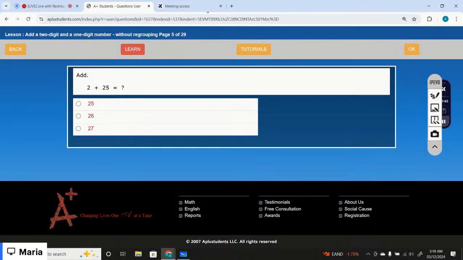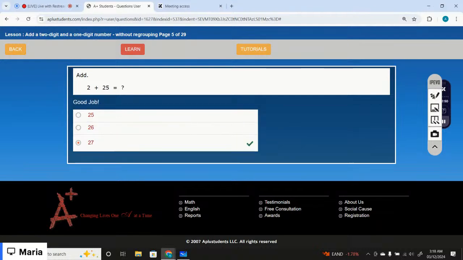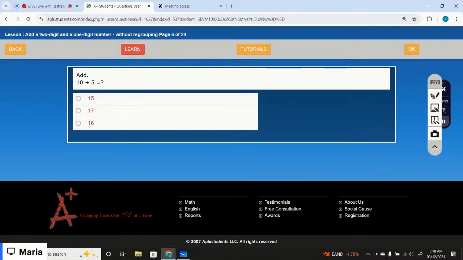The correct option is option number 3, that makes 27. 10 plus 5, which is the correct option?